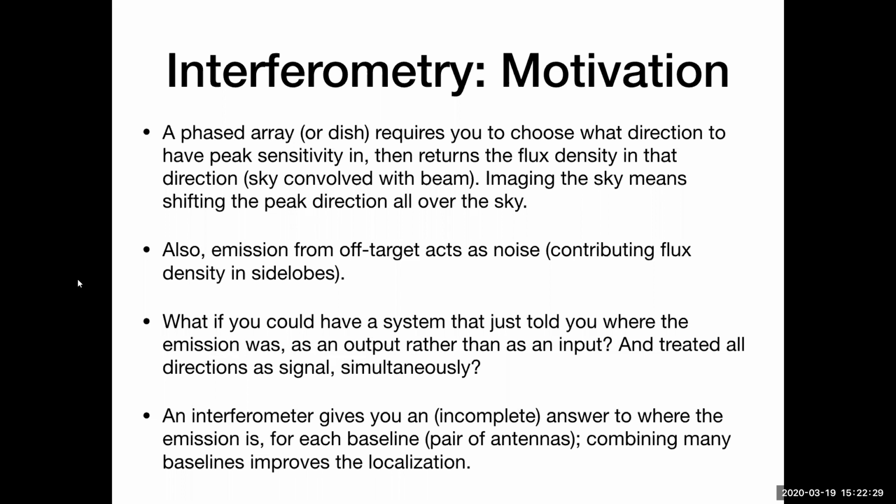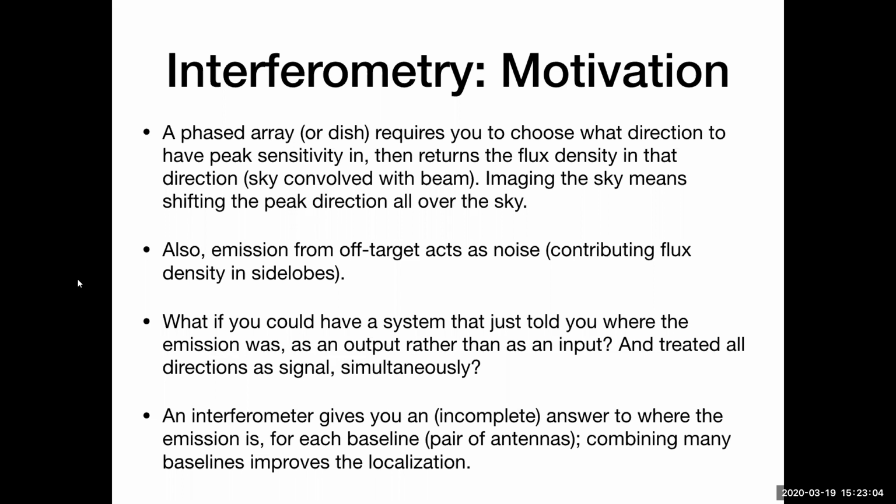And that seems kind of inefficient in some ways, because during this entire time, you're only sensitive to a small chunk of the sky, and all the emission that's in other directions is basically wasted. And so imagine, what if you could have a system that, rather than having to scan around to find where the emission is and how bright it is in different locations, just got that information directly without having to go through the process of measuring every individual point?